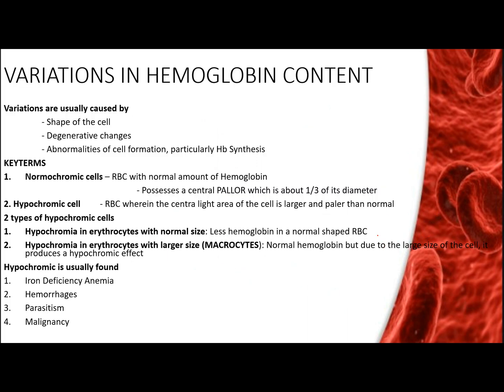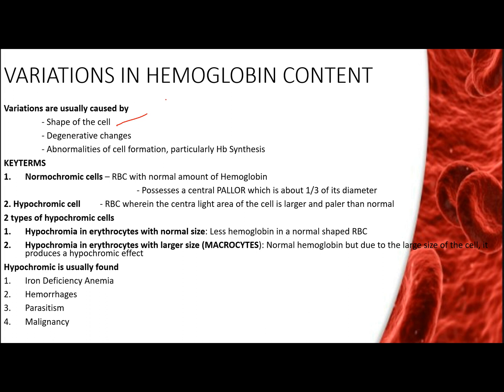Now let's talk about the variations in hemoglobin content. I'm including this class kasi it's one of the key factors that can affect your anisocytes. So variation in hemoglobin content, these are usually caused by shape of the cell.